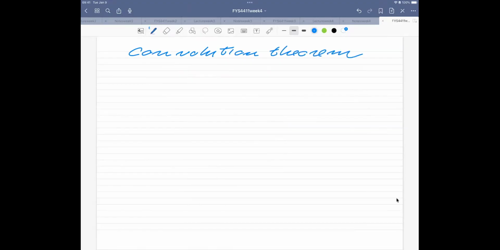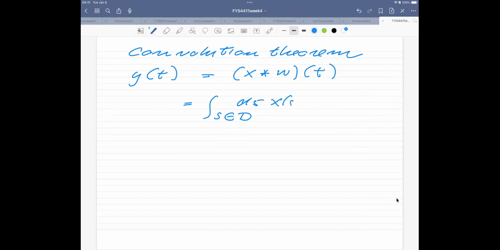If you think of a function y of t, if you're now dealing with continuous functions, the convolution is typically written like this as a function of t, and that is given by an integral over s defined for a specific domain of d of s, x of s, multiplied with w of t minus s. That's the mathematical definition of a convolution.